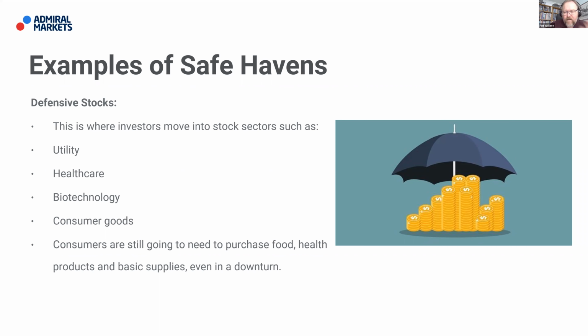They are normally very run of the mill, very staid, very slow moving stocks, and people buy them because the share price rarely falls. They may also continue to pay dividends, which helps major investors. And as we said, people still need access to food, healthcare, and basic supplies even in a downturn. So there is still demand for those products and services, and that's what savvy investors and traders are picking up on.